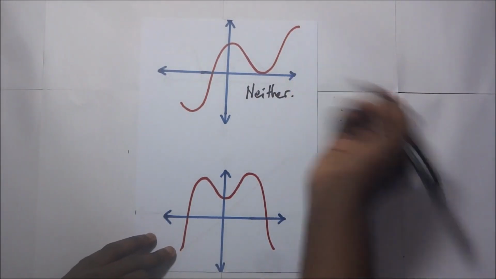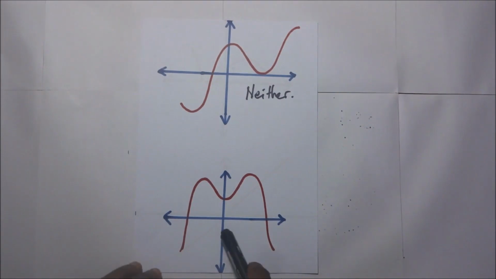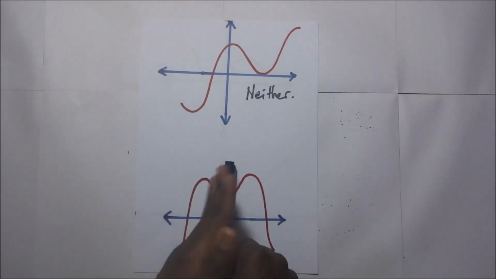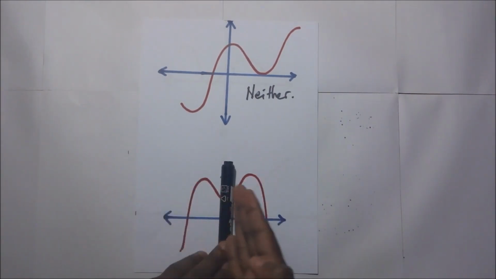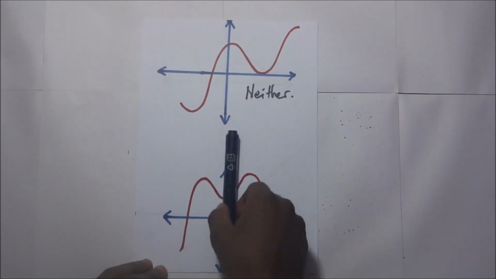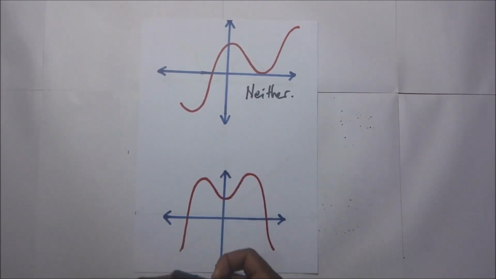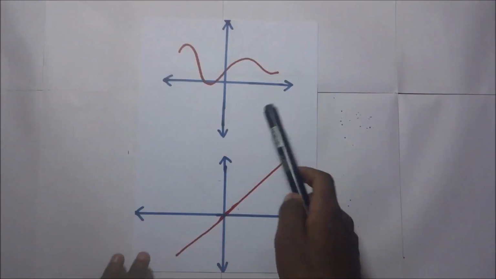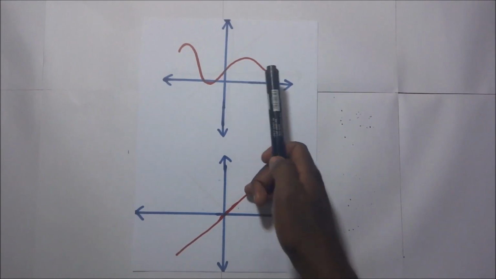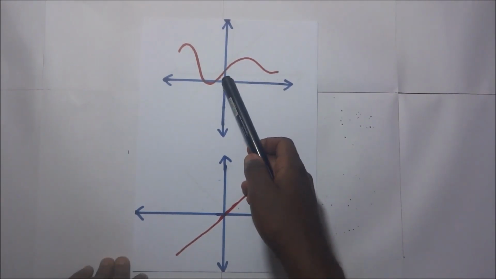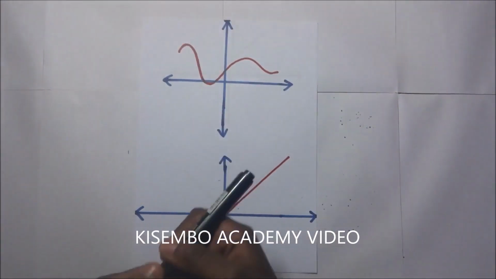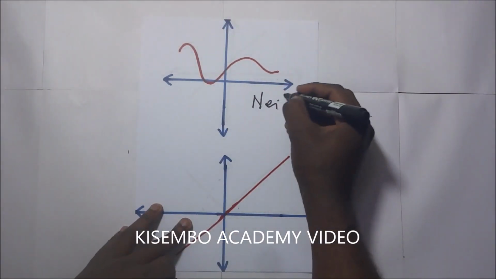Looking at this graph right here, the y-axis splits it into two parts that are identical to each other. So it is symmetrical about the y-axis, meaning that this represents an even function. This one right here has no rotational symmetry, and it is not symmetrical about the y-axis. So this one is neither odd nor even.